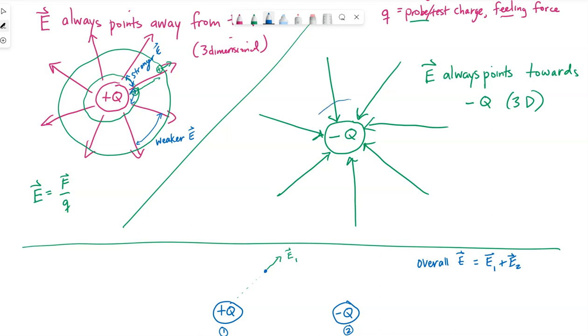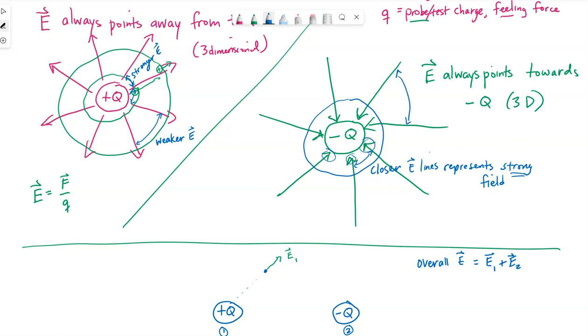That would be true around this negative charge as well. These are closer. The closer electric field lines represent a stronger field. It doesn't represent the direction. We have to represent the direction with these arrows, but it just means it's strong.